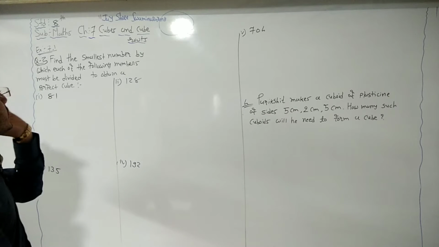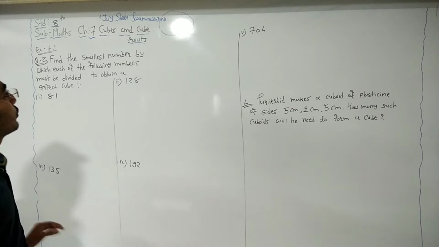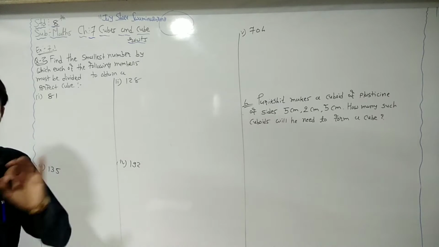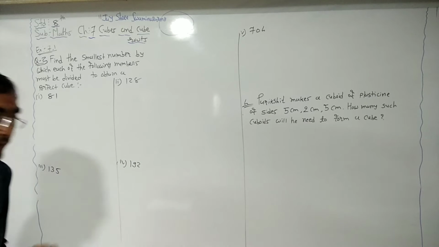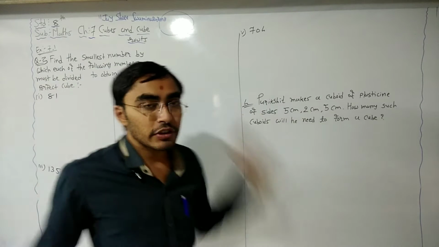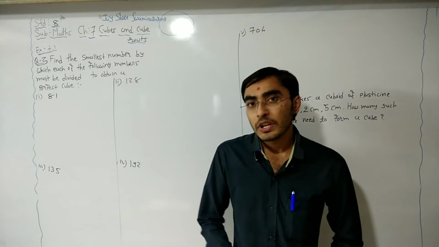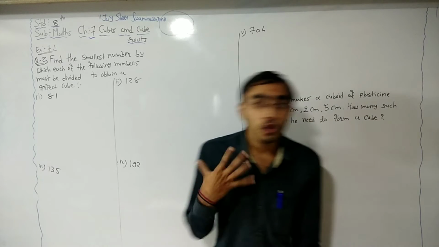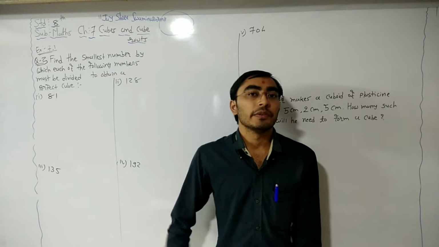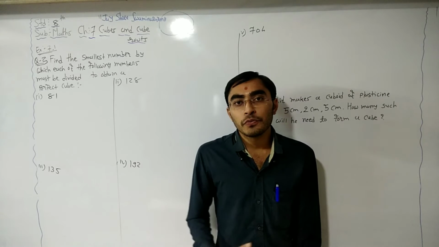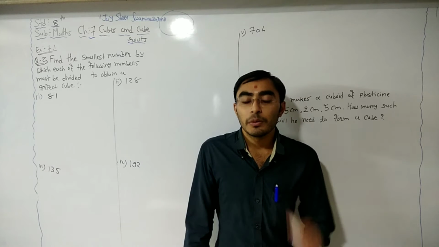That means these numbers are non-perfect cube numbers. It means they don't make the complete pair. Then we need to find what number we need to divide with this number, so it becomes a perfect cube number.